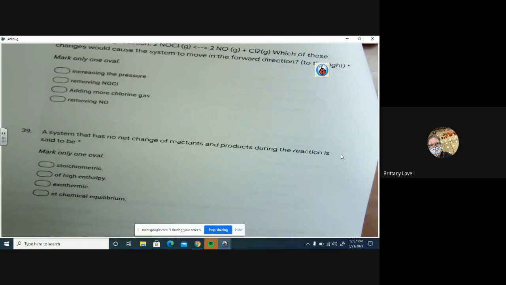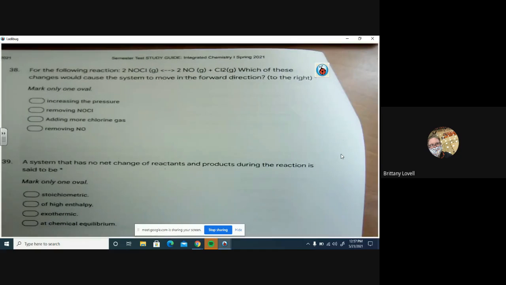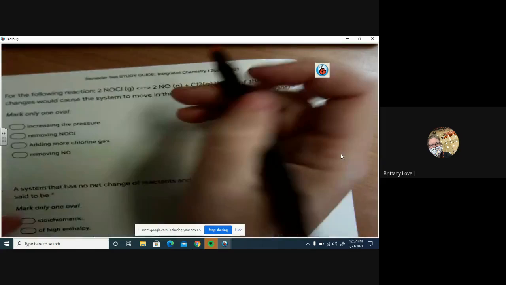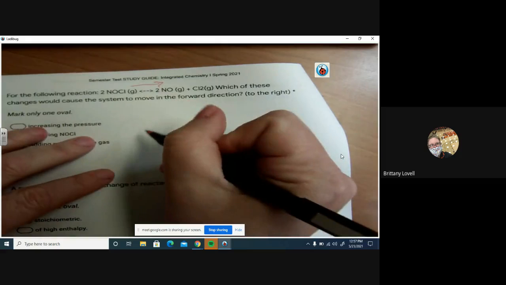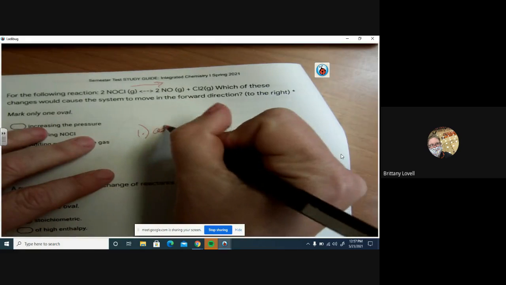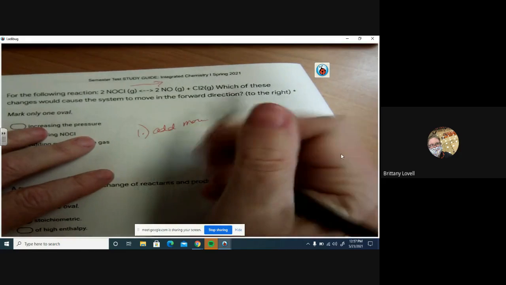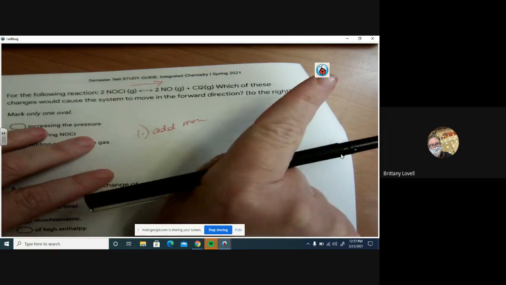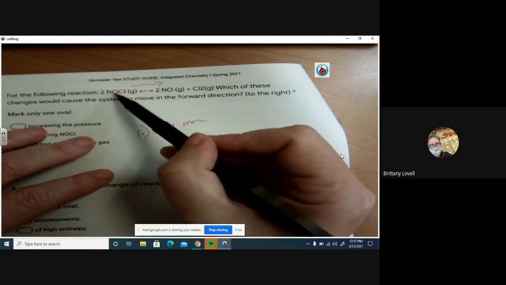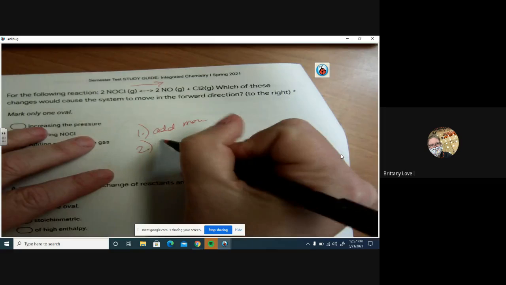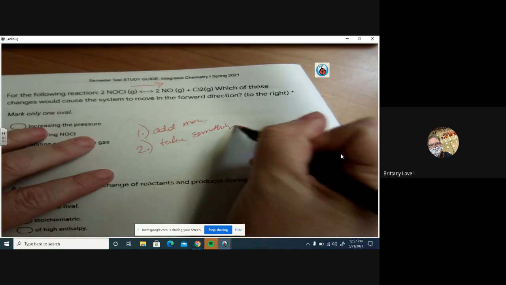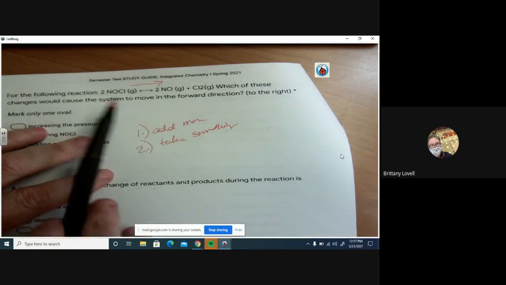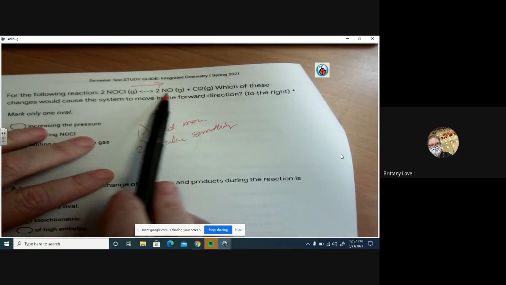For the following reaction, which of the changes would cause the system to move in the forward direction, or to the right? If you're wanting it to go this direction, you could do several things. You could add more of something to this side of the chemical, or you could take something away from the other side.